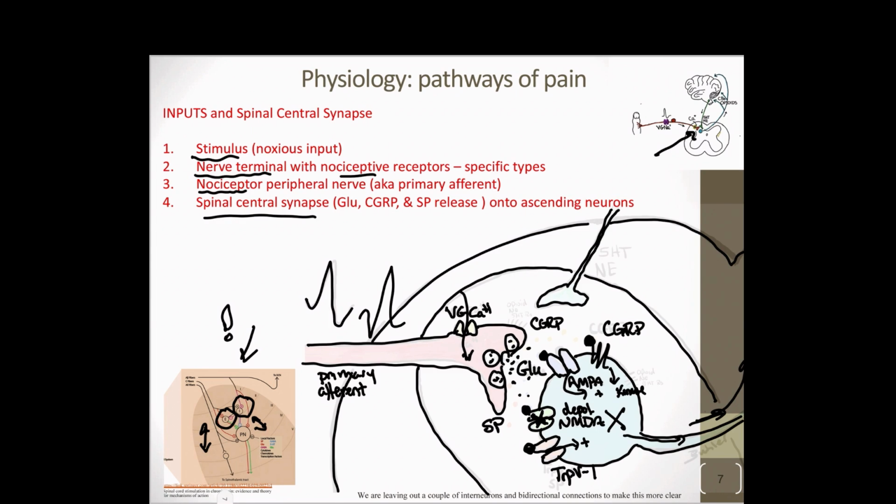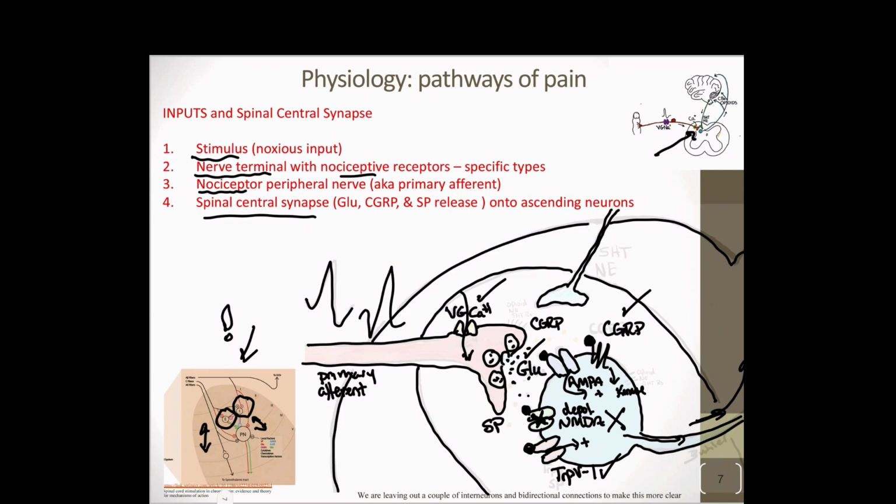And so you can see we're going to have some drug targets at CGRP, at substance P, at glutamate transmission, at voltage-gated calcium channels. And then we're also going to have a couple of additional factors here, because the brain and the nervous system cannot make something simple. It can't just have one pathway. It has to be able to modulate it.